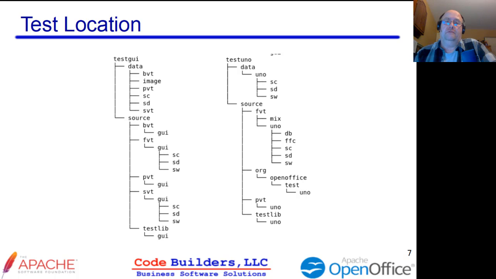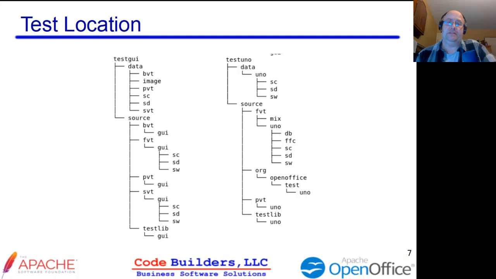Within those directory structures, you'll see subdirectories like data and source. Data would be where you would put things like images that you want to paste, or data that you want to use, or spreadsheets that you want to start with, different types of files, things like that.